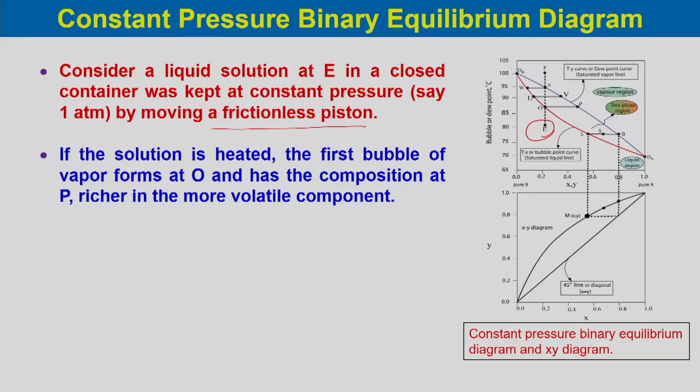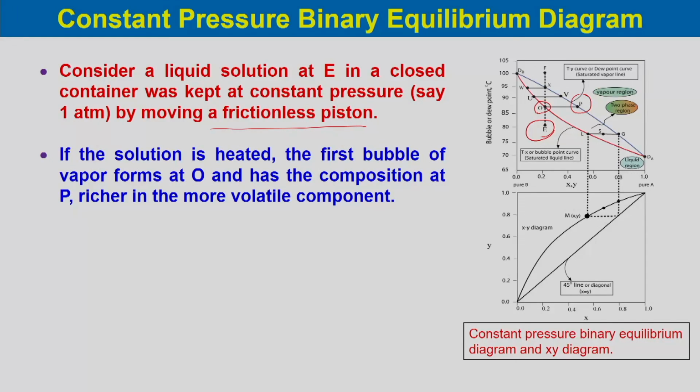If the solution is heated, the first bubble of vapor forms at O. As it is heated at constant pressure, its temperature gradually increases along this line vertically, and the first bubble will form at point O when it meets the bubble point curve, and has the composition of P.